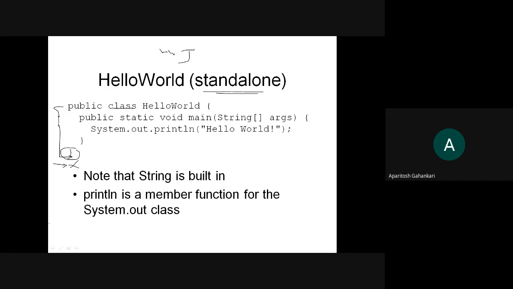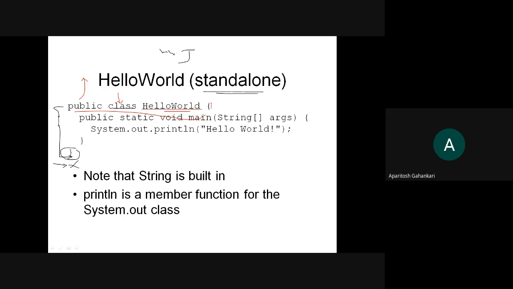Each and everything is inside the class only. You can see over here, public class HelloWorld. This is a modifier which tells that the class is public, that means anyone can access it. So class is a keyword over here, and HelloWorld is the name of your class.